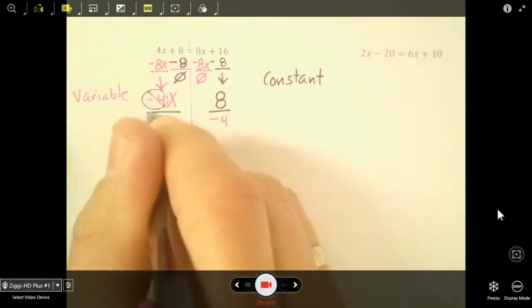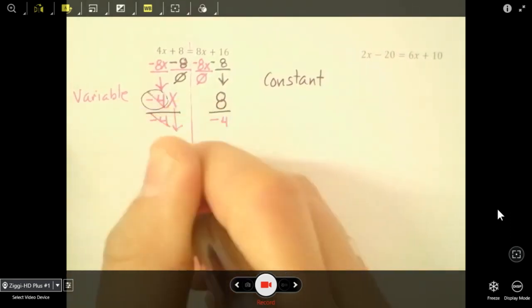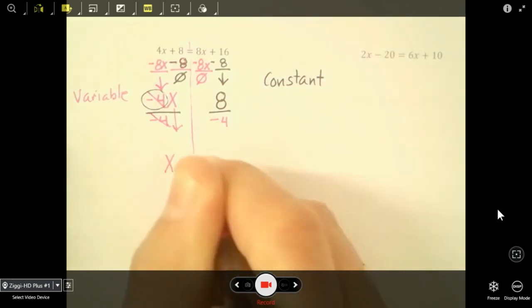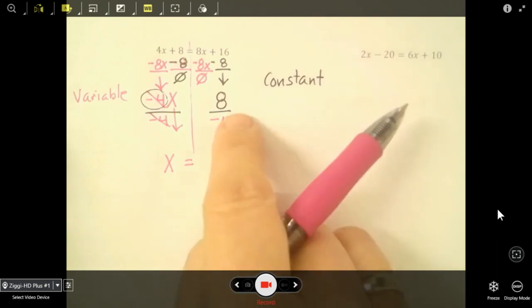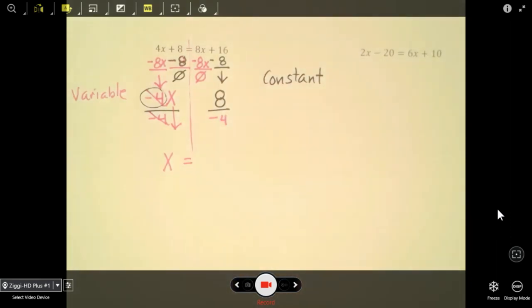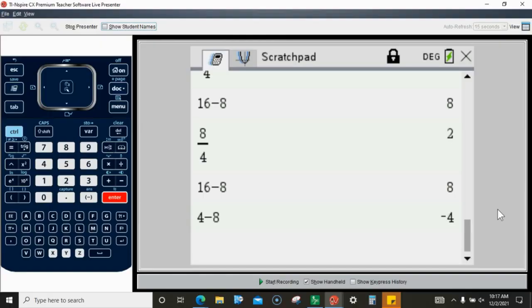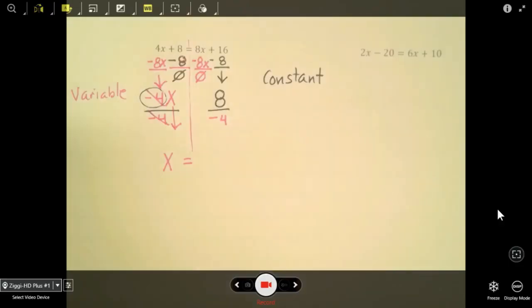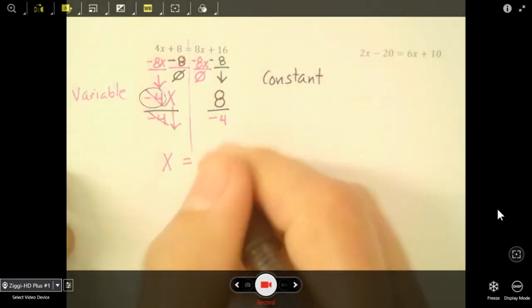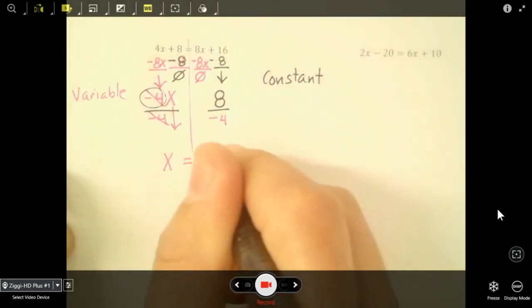Negative 4 going into negative 4 one time, just leaving me with the x, which is equal to whatever 8 divided by negative 4 is. So I'm going to put that in a calculator. I'm going to hit enter, and it tells me it's negative 2. So my answer here is x is equal to negative 2.